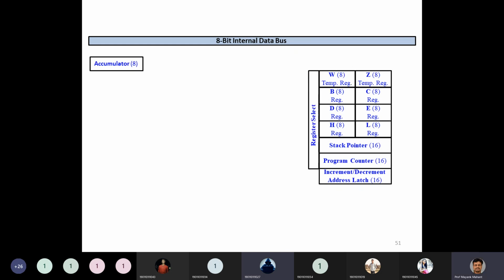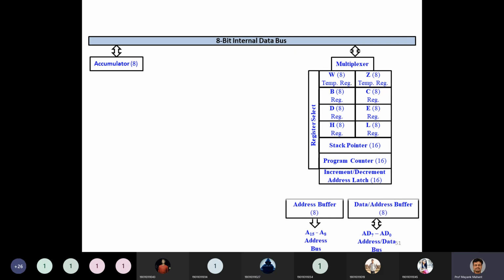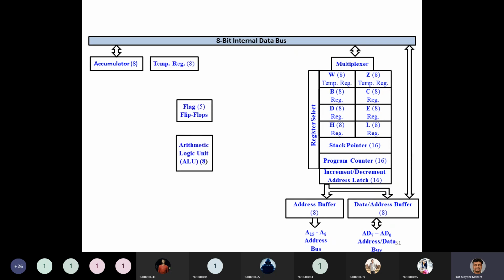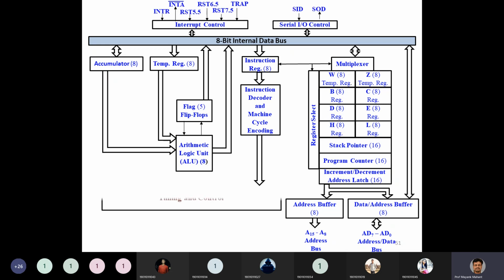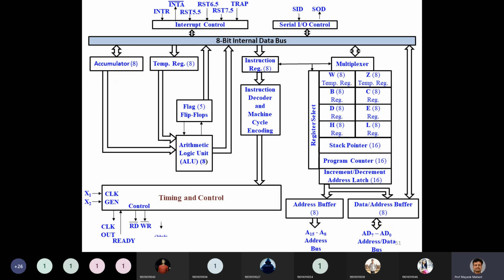Now there is the internal architecture. I'll be showing you the internal architecture, how all the things we have seen in the form of pins are connected to each other.